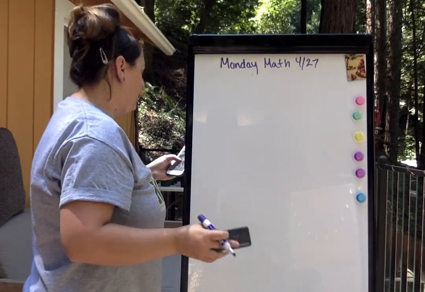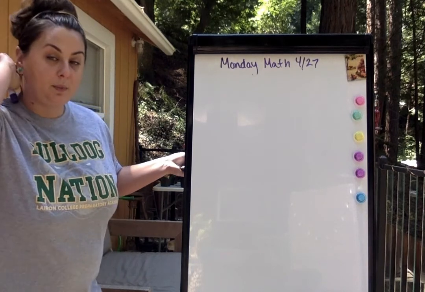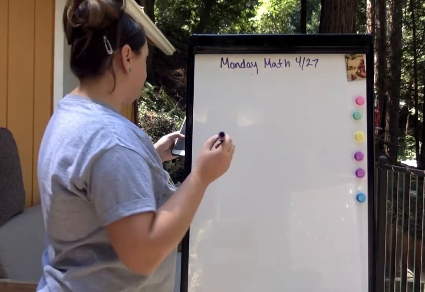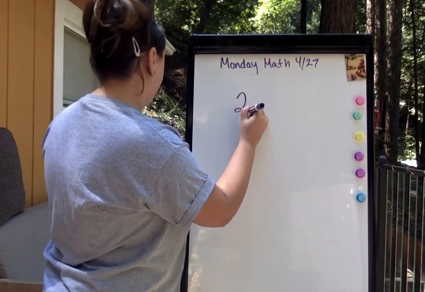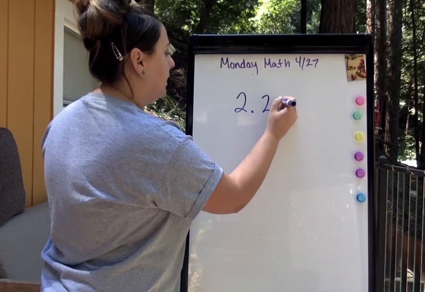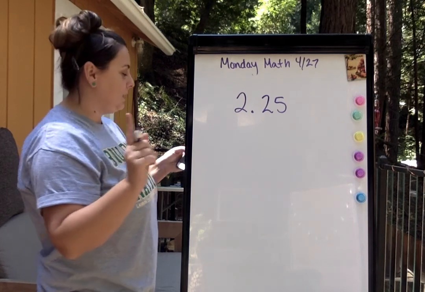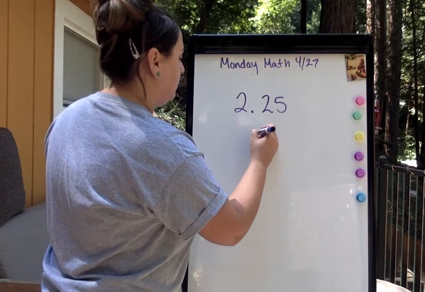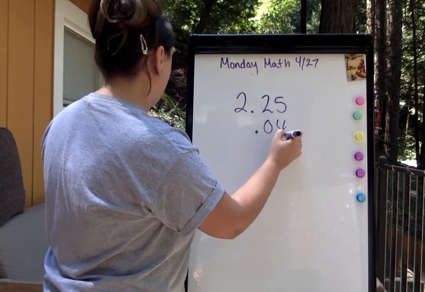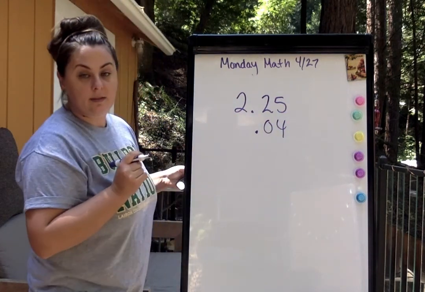Okay, next is a multiplication problem using decimals. Worked on this a lot last week. So we've got 2 and 25 hundredths times 0.04, hundredths.